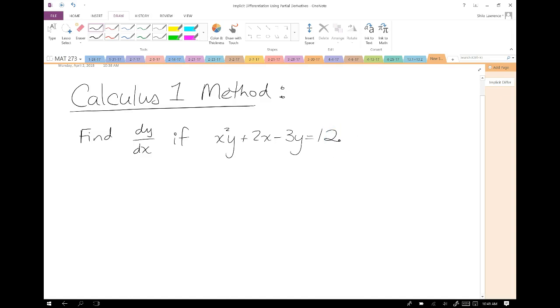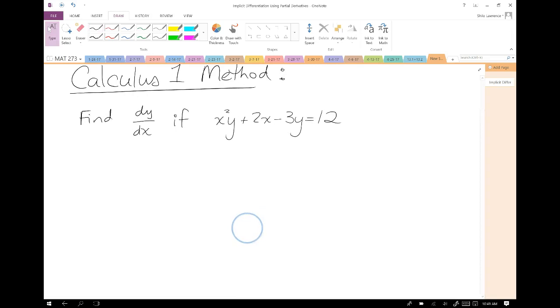And we want to find dy dx. There are some functions that you can go through and solve for y. We could probably do it on this one. I wouldn't suggest doing that though.